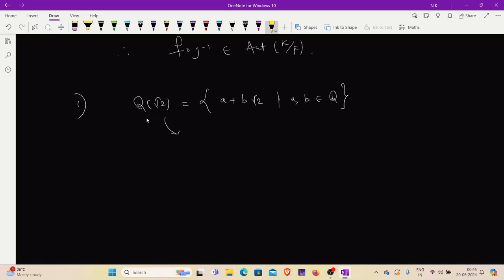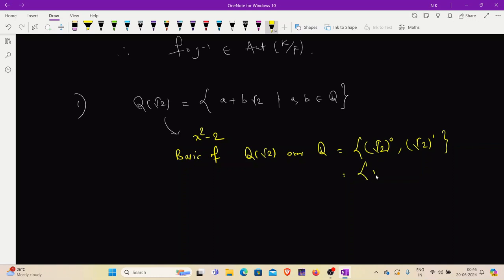Root 2 is an element attached to Q, right? So it satisfies the polynomial x square minus 2 over Q, which is the minimal polynomial of root 2, and its degree is 2. Okay, so the basis of Q root 2 over Q will be the powers of root 2 until 1, because it satisfies the polynomial of degree 2.